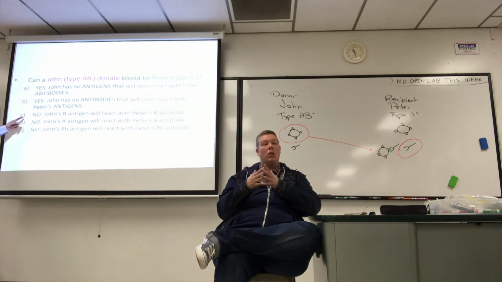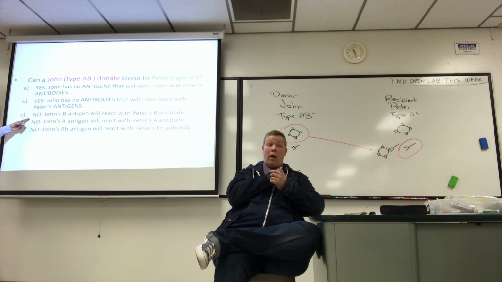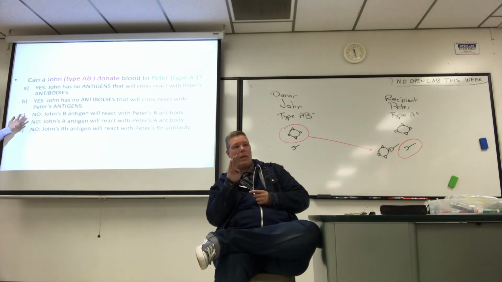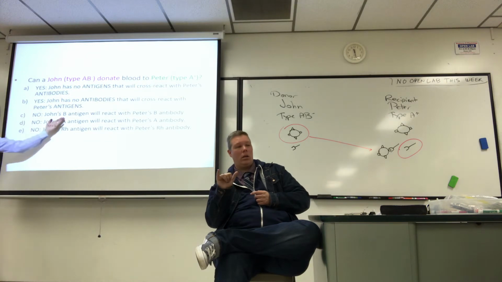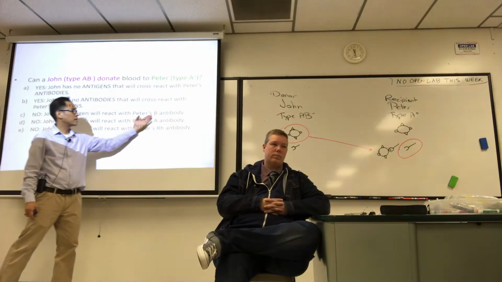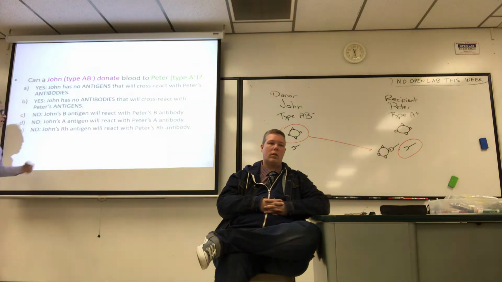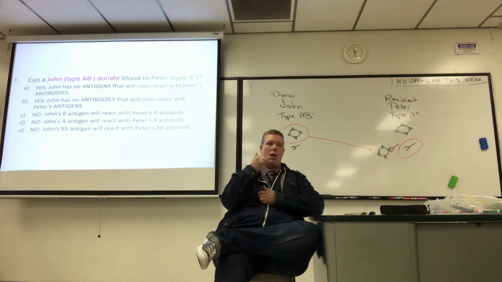It looks like John's B antigen reacted with Peter's B antibody. That's how you want to word it. You're expected to know what cross-reacted. You can't just say something generic like, John's blood reacted with Peter's blood. That doesn't tell me anything. You have to tell me which of the three cross-reacted: antibody or antigen.